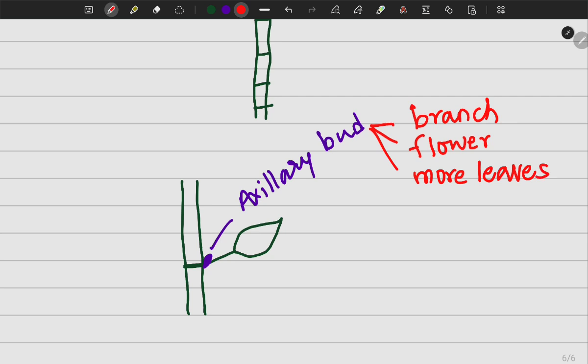It is a type of lateral bud. Then there is another type of bud, which is the terminal bud. So if this is a stem and this is a branch, then the terminal bud would be formed at the apex of the branch. This will be the terminal bud.